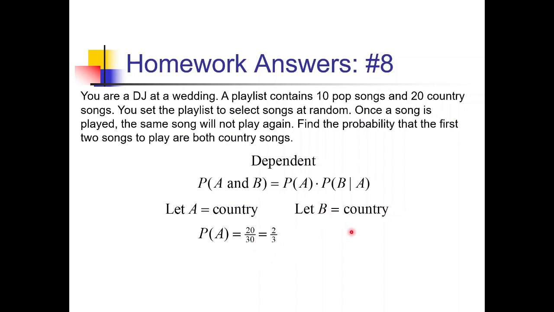Now the second time around, we've only got 19 country songs, and only 29 songs overall. So that's our conditional probability. Multiplying these together, 2/3 times 19/29, that's going to be 38 over, let's see, 87, which I don't think can be reduced at all, so that's it.